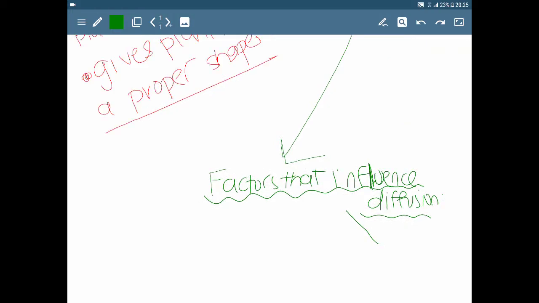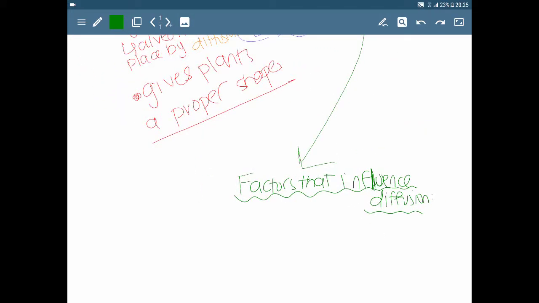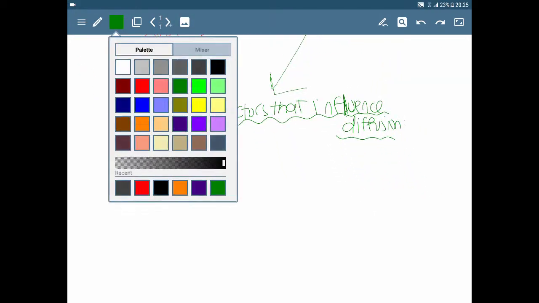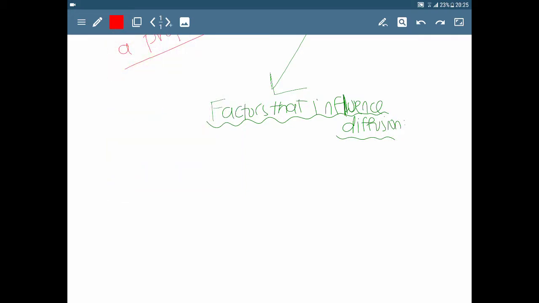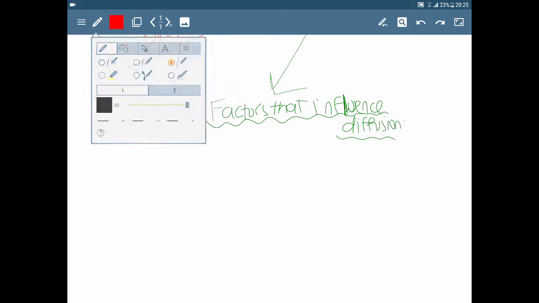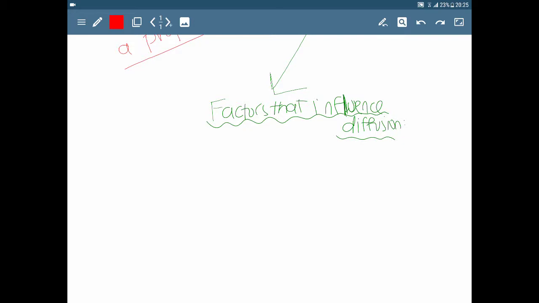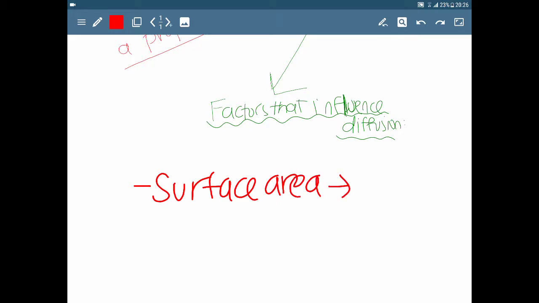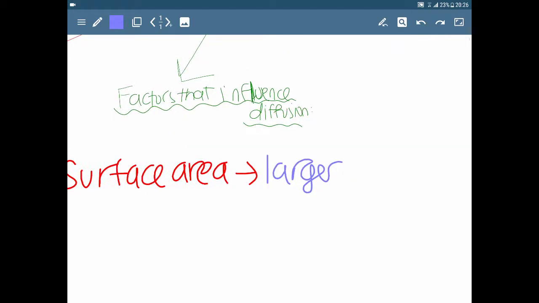The factors that influence diffusion are, first, surface area. The larger the surface area, the greater the amount of diffusion.